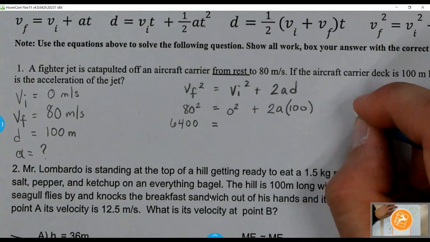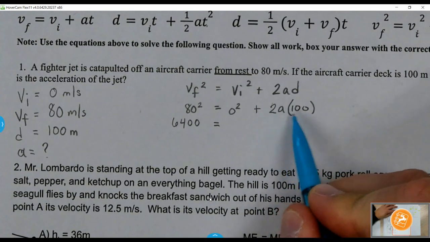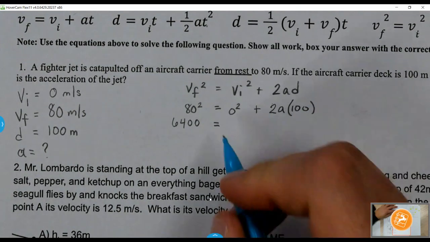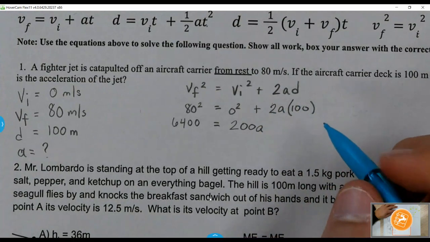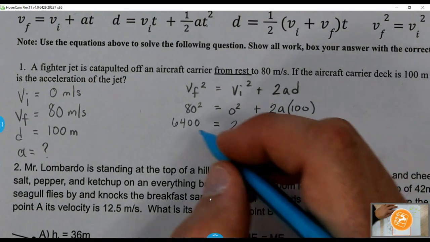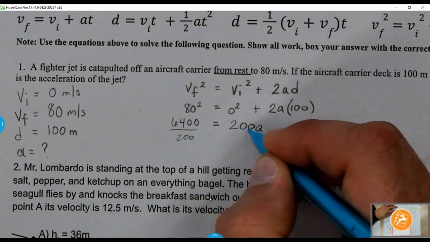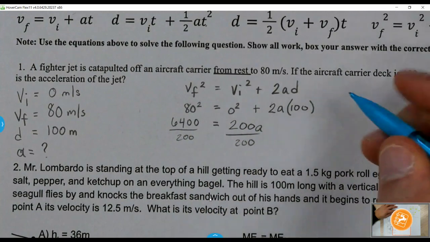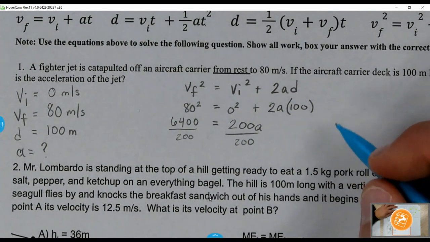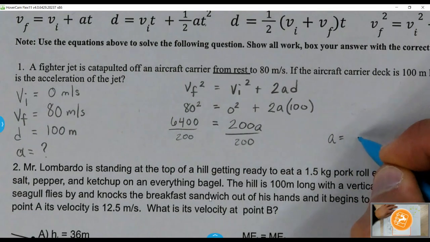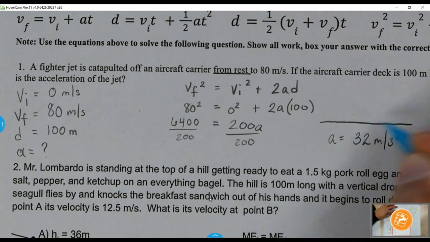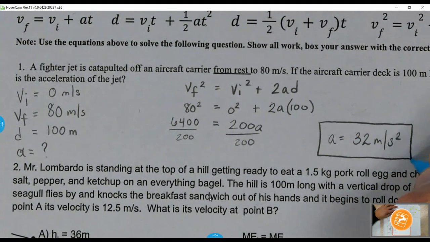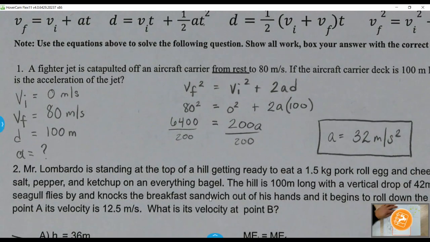So since we have 2A times 100, this would equal 200A. And then we want A by itself, so we would divide both sides by 200. And that is going to leave us with A is equal to 32 meters per second squared.